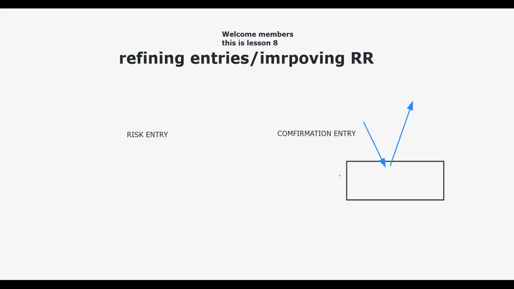So now let's look at how you define this RR, right? How do you get this perfect? How do you define your RR? You need to be ready for the truth that sometimes the market might not tap into your RR. It can just leave.